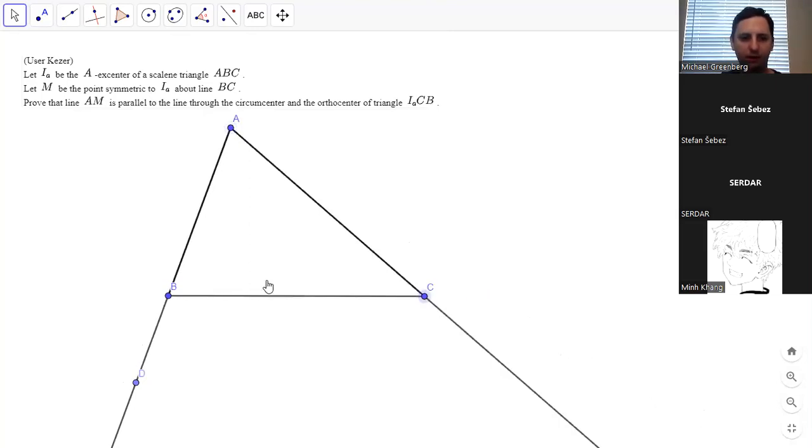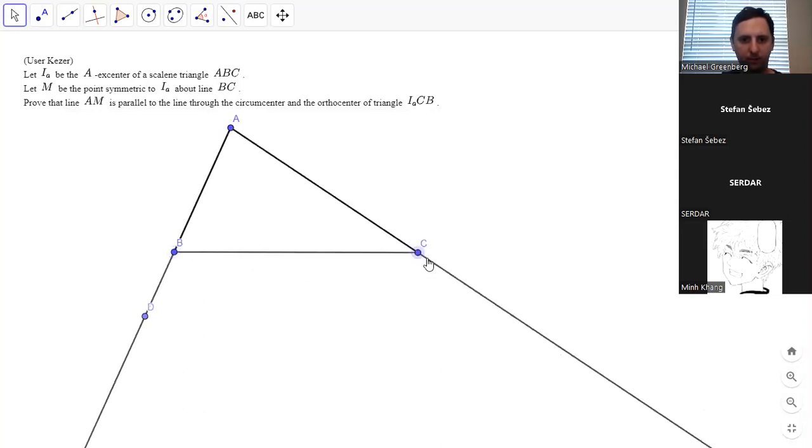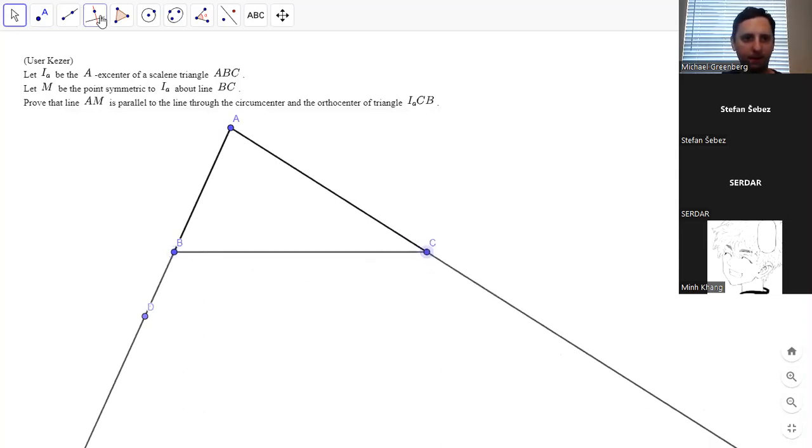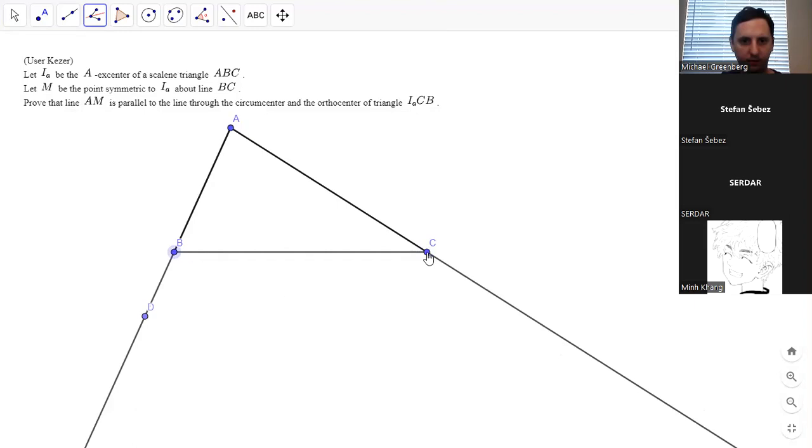Oh, yeah? So you take the angle bisector tool and click on segments BC and BA. Like this, or BC and BA? Segments. Like the segment. Oh, okay.